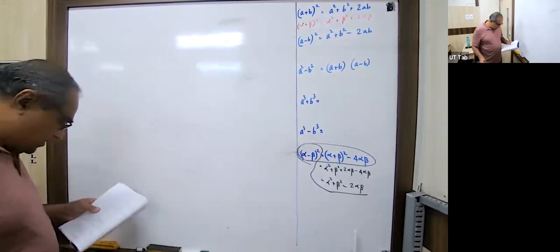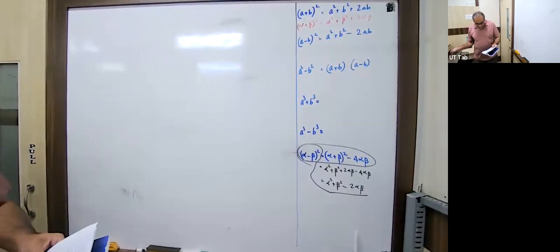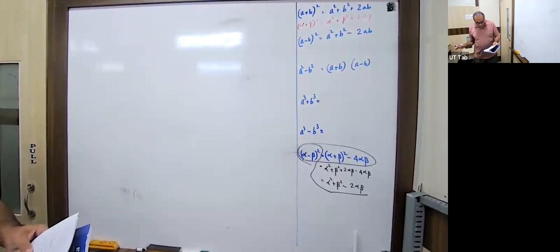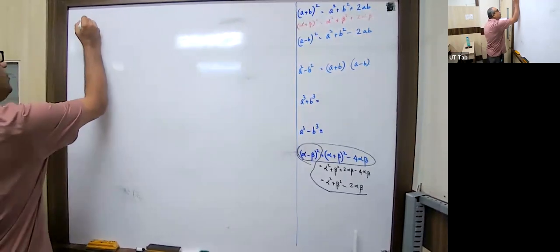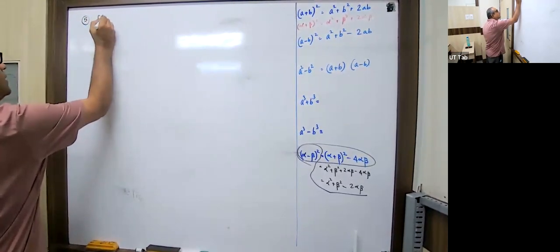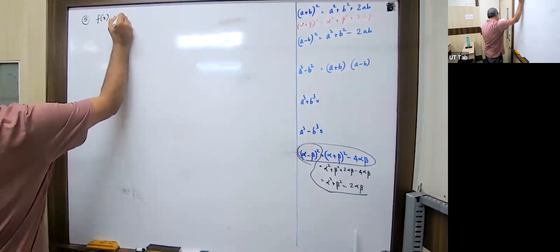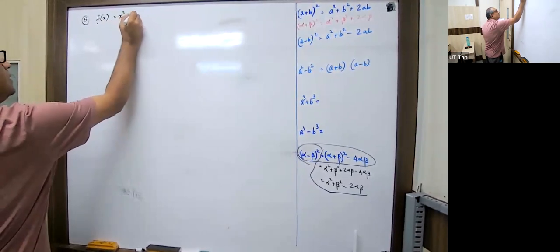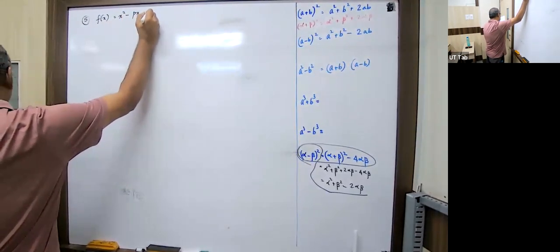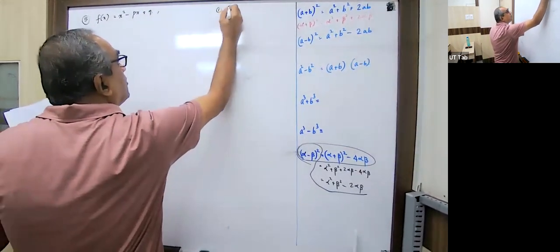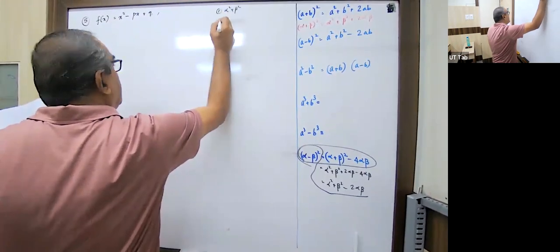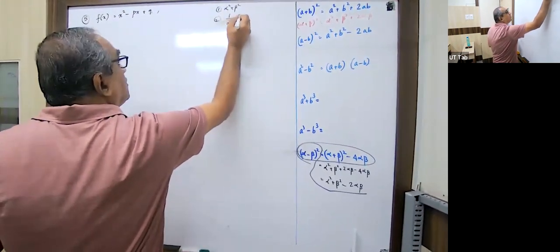Now see here, question number 5. If alpha and beta are the zeros of the quadratic polynomial, then first find out what is alpha squared plus beta squared.